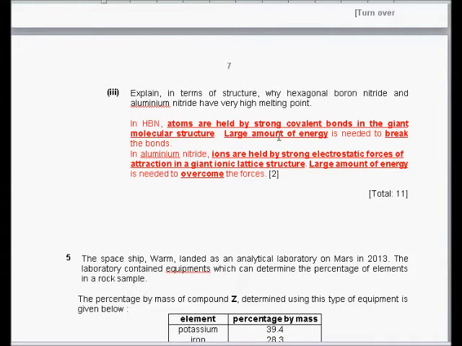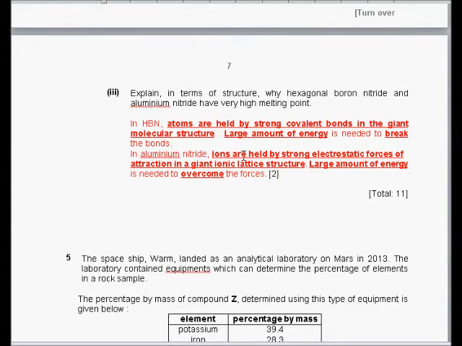You have to tell me that, and a large amount of energy is needed to break the bonds. Now in this case, you don't have to say the layers of atoms are held by weak intermolecular forces, because the layers of atoms have nothing to do with the high melting point. The high melting point is due to the strong covalent bonds being difficult to break.